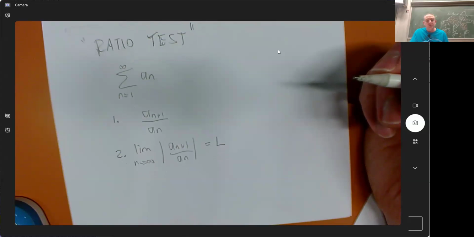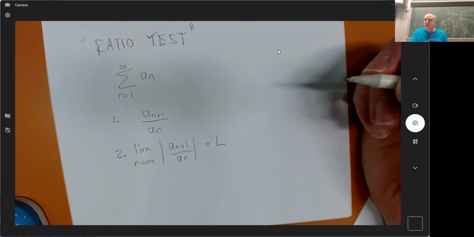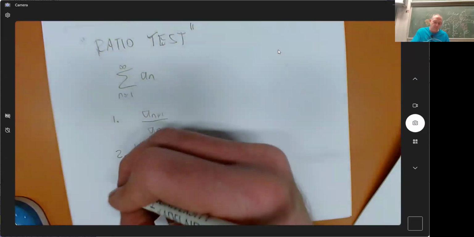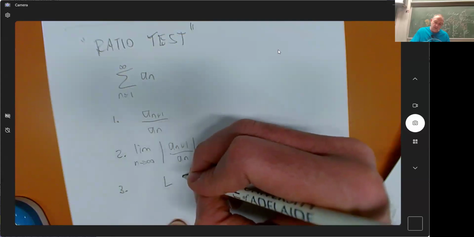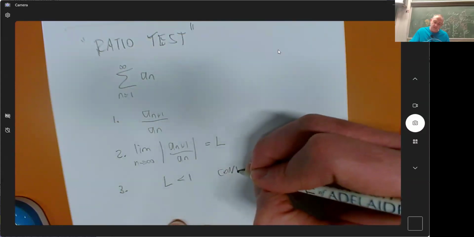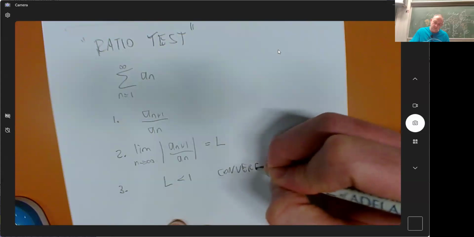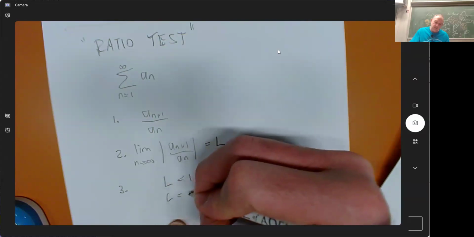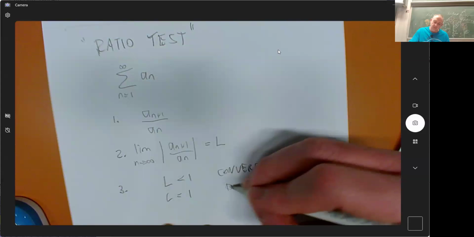If that limit is more than 1, then it definitely does not converge. Some people call that diverging. If that limit is less than 1, then it definitely converges. And if that limit is equal to 1, then you still don't know. So: L less than 1, converge. L equal to 1, don't know.